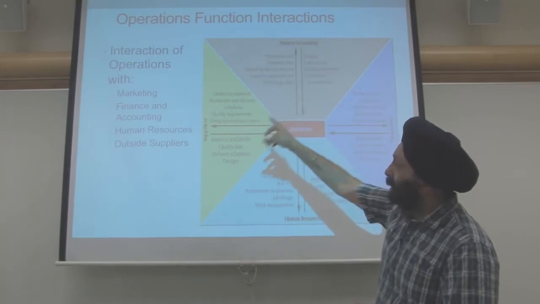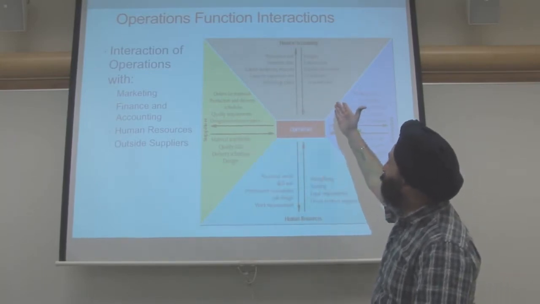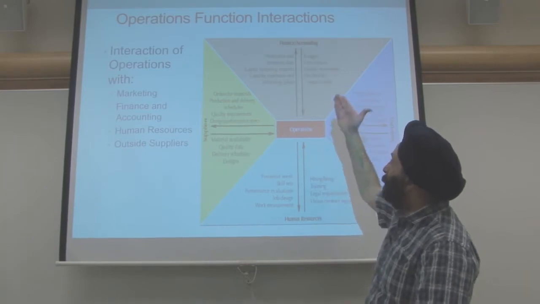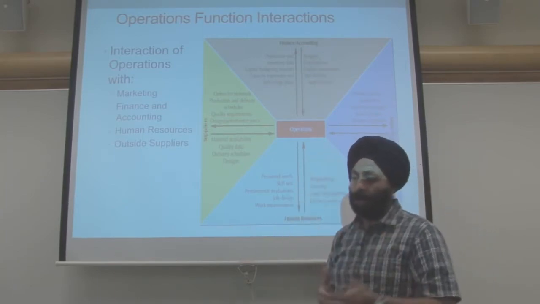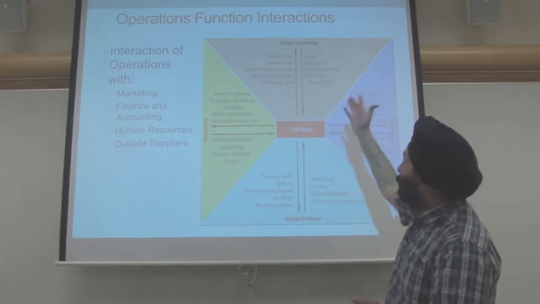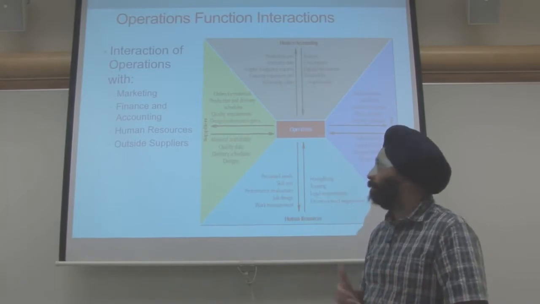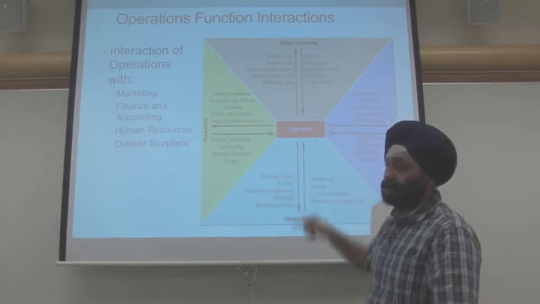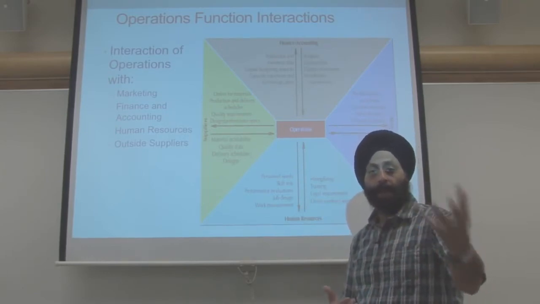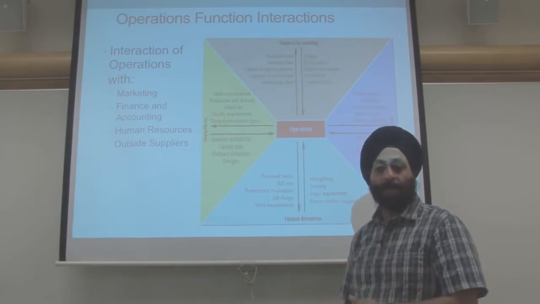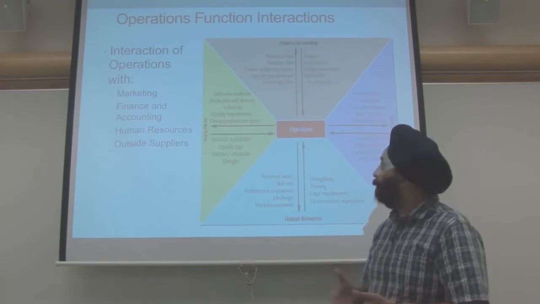In terms of finance and accounting, operations receives the following information from the finance and accounting area: budgets, how much budget they have to run their department, cost analysis of various types of raw material that is being used for production of goods and services, capital investment, maybe there is a new acquisition scheduled for new machines or a new warehouse that operations can take into account.